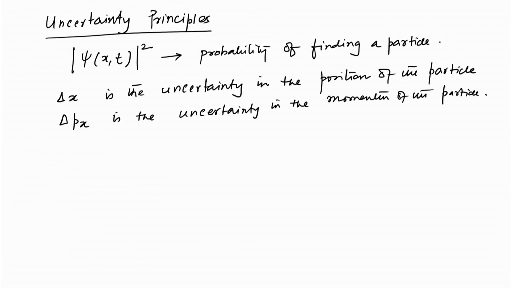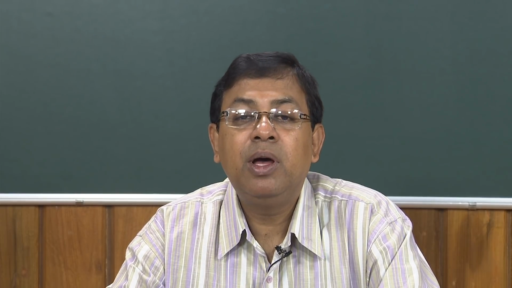And the uncertainty principle says that this delta x multiplied by delta p x has to be greater than the quantity called h cross. So, if you want to localize your particle to a great degree of accuracy, the momentum uncertainty of the particle will be very large, which means that the particle actually can be moving from minus infinity to plus infinity.